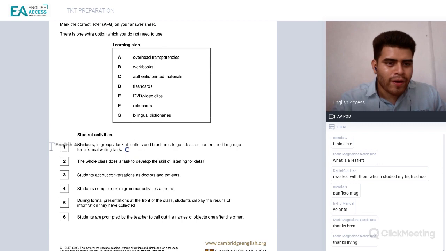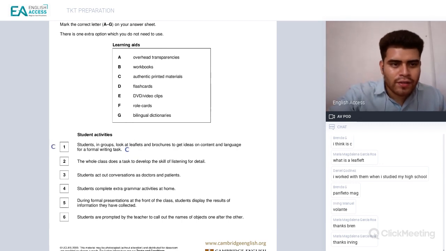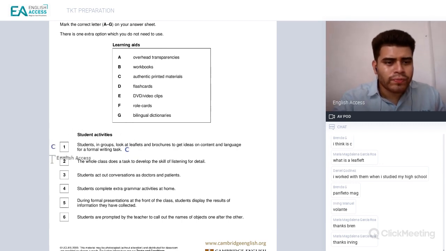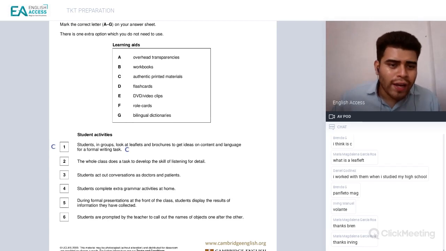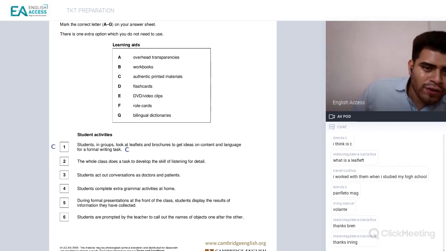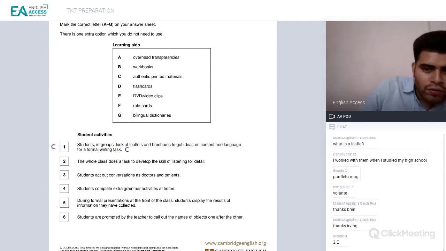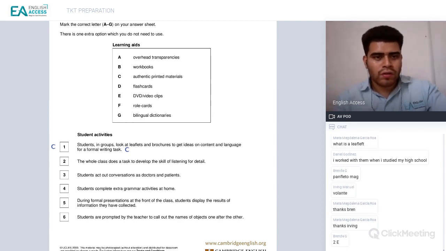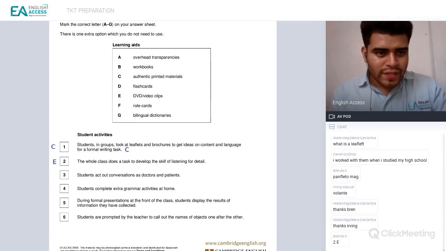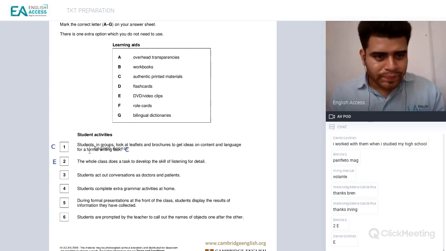I'll write it over here. C. Number two, the whole class does a task to develop the skill of listening for detail. Number two is E. Very good.